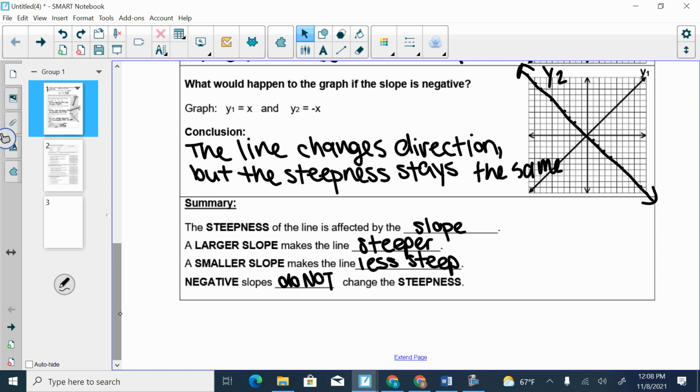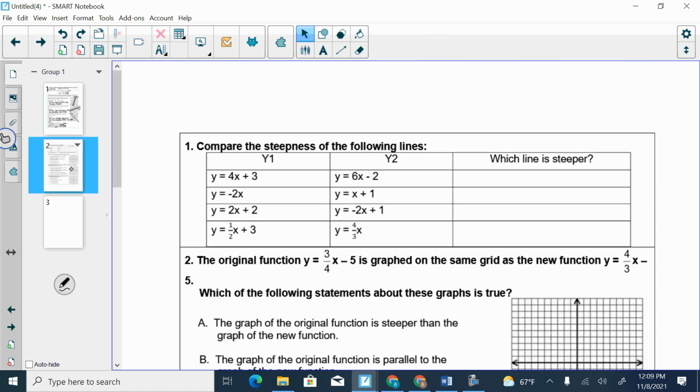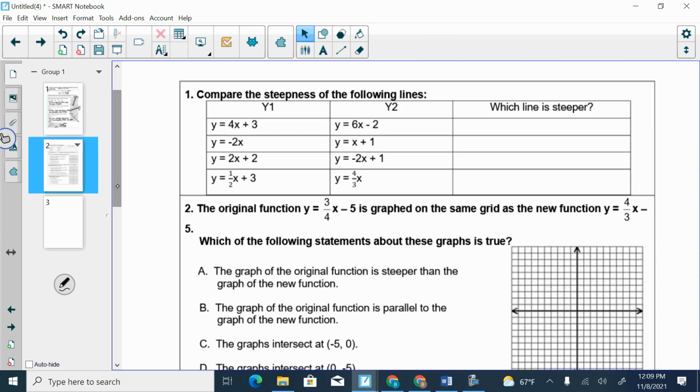Okay, so if you flip it over onto the back, they have this chart all filled in with all of these different equations. We are just going to determine which one of those lines on each row should be steeper. Remember, our slope is what determines the steepness, not the y-intercept, right?